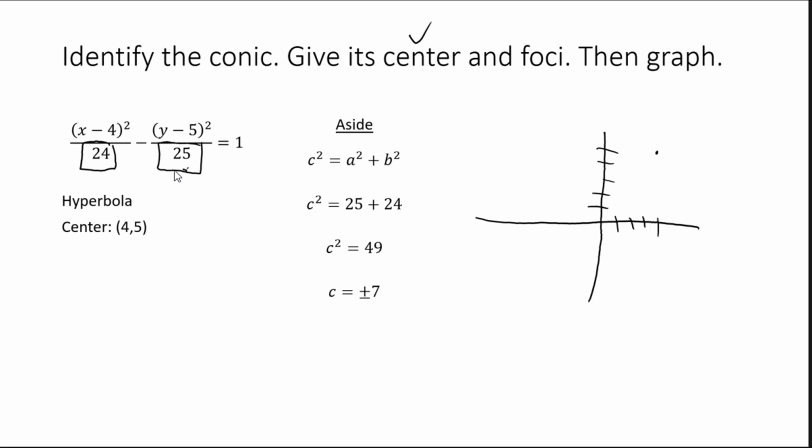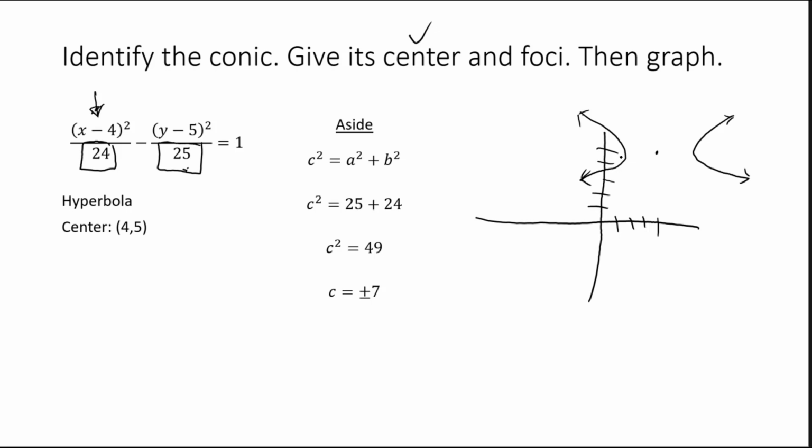Because the 24, or the x term, is coming first, that's how we know it's going to be facing in the x direction. So it's going to be opening left and right. So it's opening something like this right here. So opening like that, and opening like this. And that's because the x term comes first. If y came first, it'd be opening in the other direction, up and down.